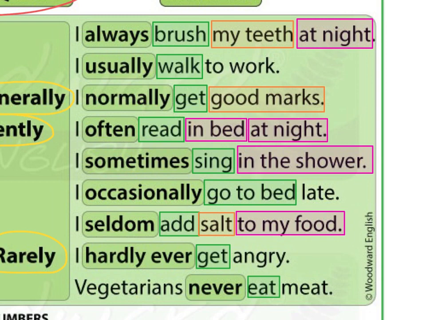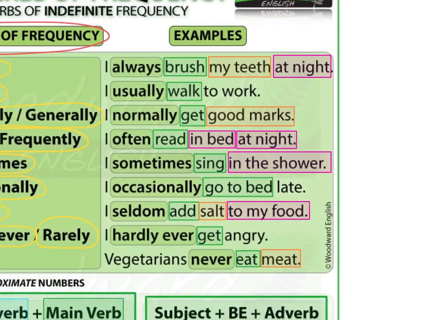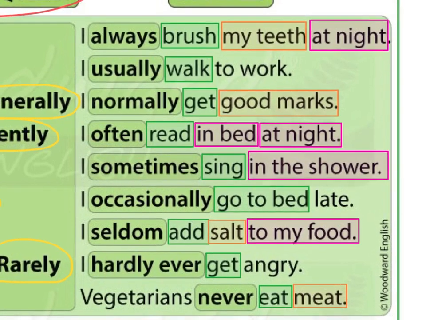We don't want to say they never eat anything. So we say they never eat meat. Meat is the object. It's answering the question, eat what? And so you can see in all of these sentences, we put our adverbs of frequency. Those are all of these words right here. Always, usually, normally, often. They come after the subject and before the action verb.